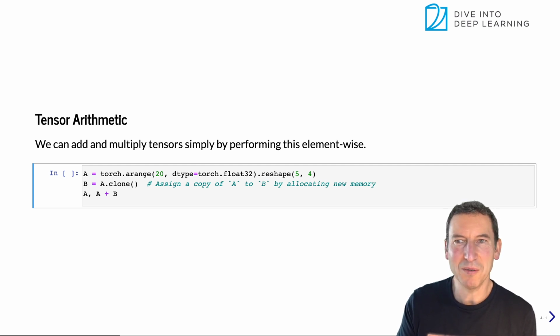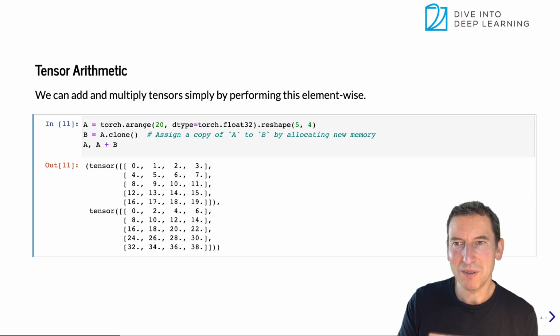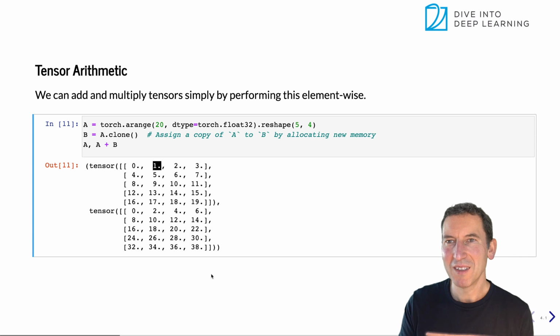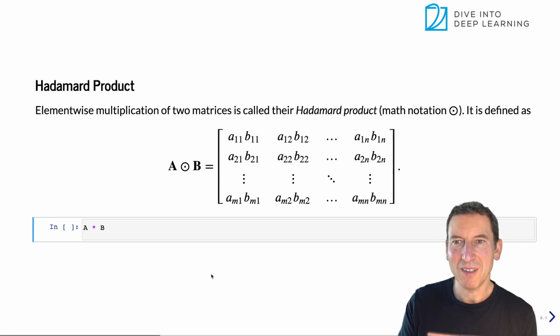Namely, I can clone them, I can add them together, and so yes, if I have a tensor, in this case it's a matrix going from 0 to 19, and I make another clone of it, and I sum it up, then these entries are going to be twice the entries from above. Okay, well, that's very unsurprising, but I can do more interesting things.